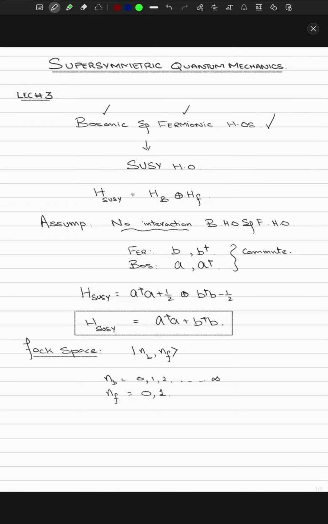So now let's move further and define something that is called a supercharge. A supercharge is a conserved charge. Conserved under what?